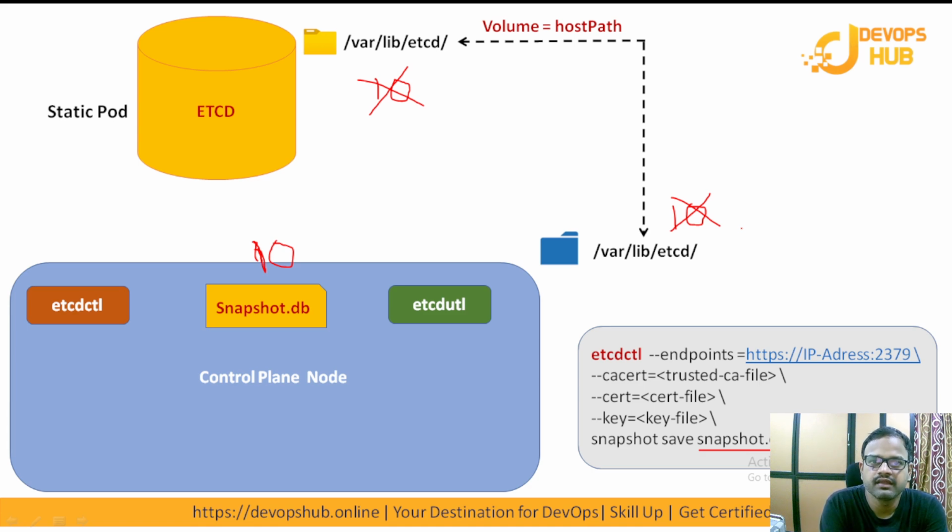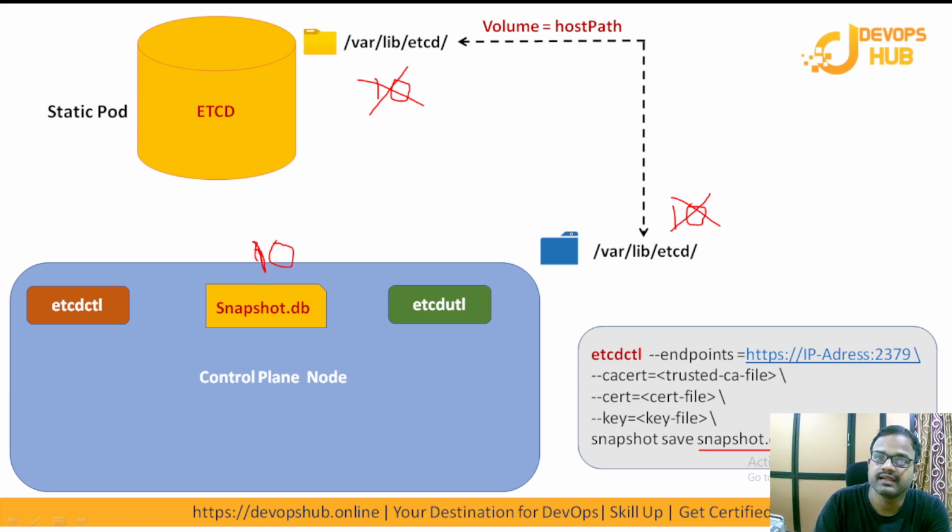That means the current state is blank. But even though we have deleted in the current state, will the snapshot we have taken get impacted? No, because it was taken when 10 deployments were part of the Kubernetes cluster. So this snapshot.db will still consist of 10 deployments.